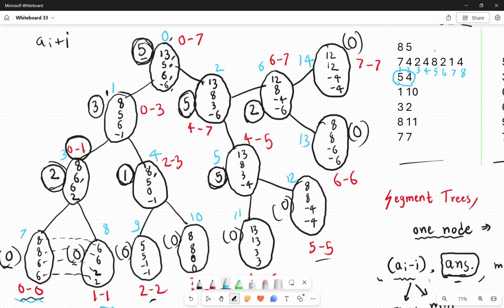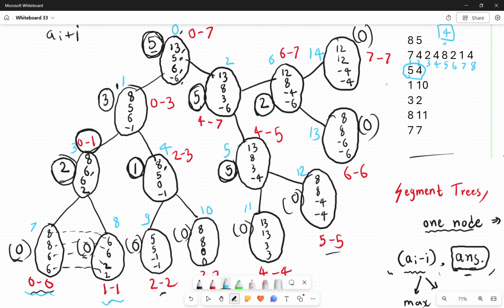So here you erase 8 and you keep 4 there. So let's head to our segment tree for the updates.